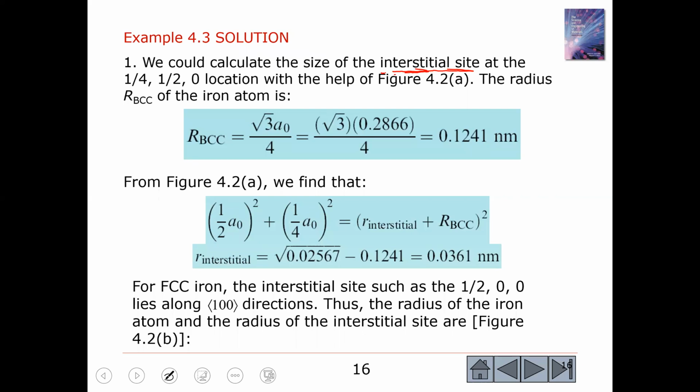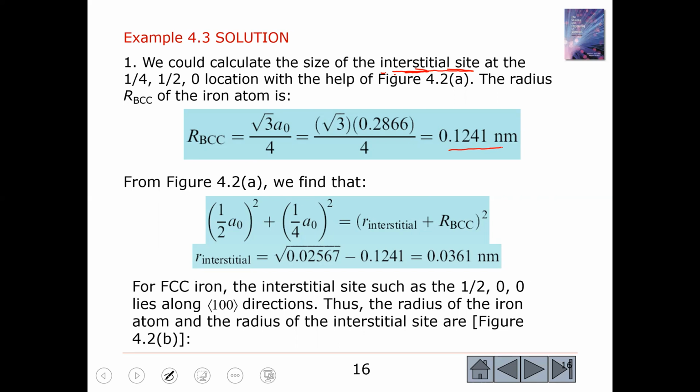If you remember the formula of packing factor and packing fraction, you could find out this formula. So the radius of BCC iron is root 3 a divided by 4, which is equal to root 3 times the lattice parameter of iron divided by 4, which is 0.121 nanometer, right?